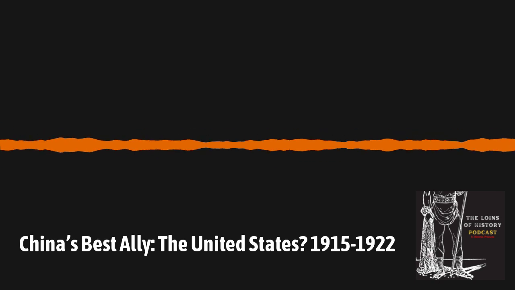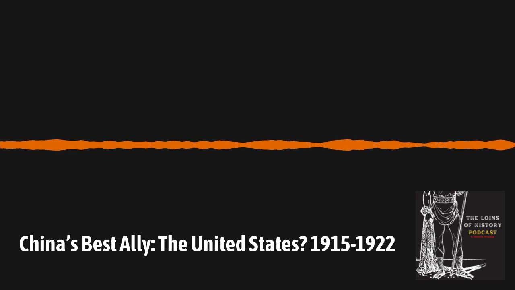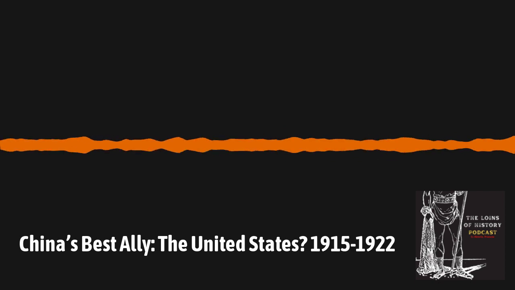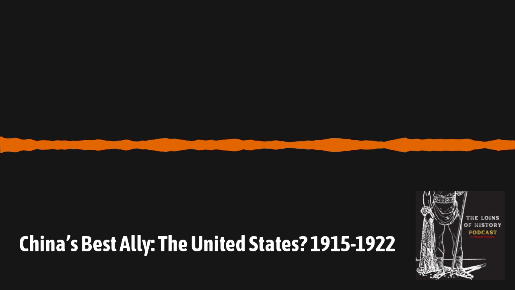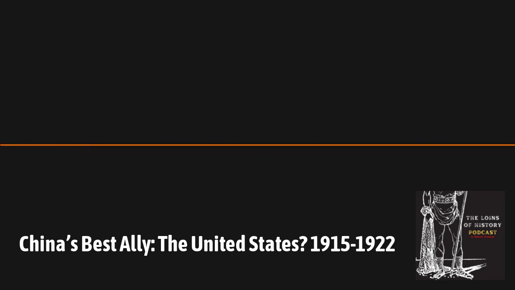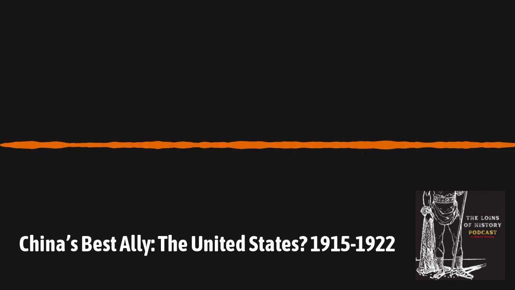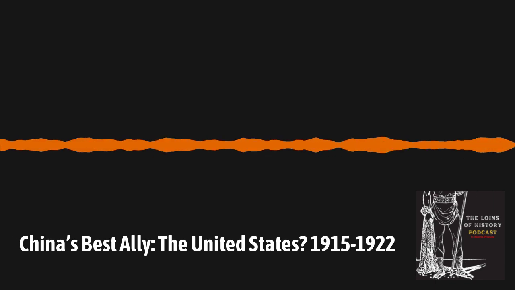As an aside, what was called the Shandong Treaty was between China and Japan. It gave control of Tsingtao back to China. So Japan kind of walked away, and the Chinese then got control of Shandong and Tsingtao back.